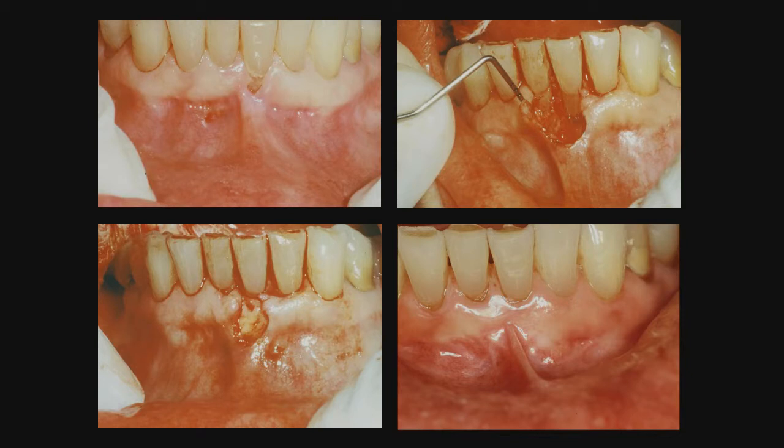But the frenum was not removed, so the term frenectomy would be inaccurate in this particular case. This would be a plasty or a frenotomy, I think would be the more accurate term. Here we see the free gingival groove, and we see an adequate area of attached gingiva.